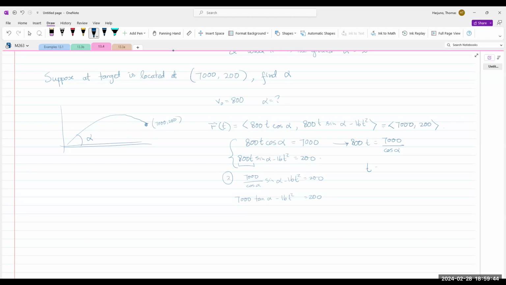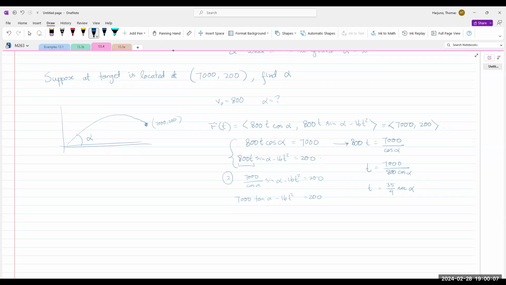The t is 7,000 over 800 cosine alpha. So t equals, cancel two zeros, 35 over 4 secant alpha.